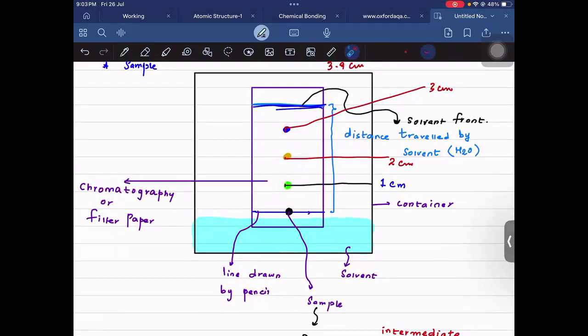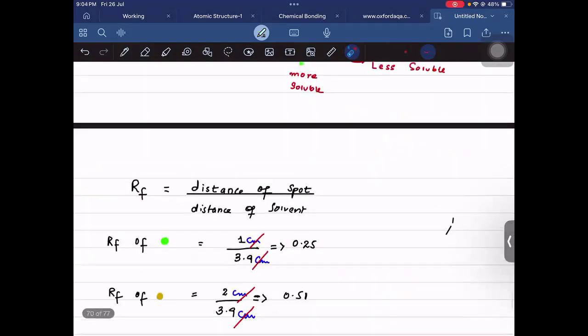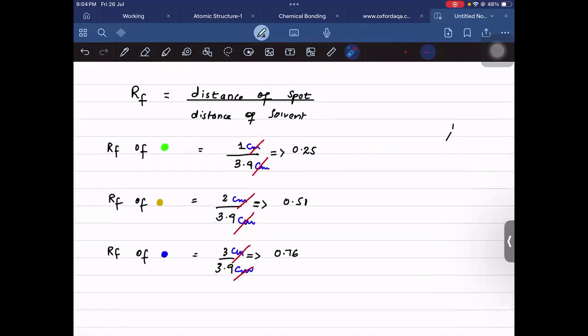Those colors which have greater solubility in a solvent will travel more compared to those substances which are less soluble in the solvent, so they would not travel as far. That's why when you measure the distance with a ruler and find the RF value, the RF value tells you how much distance the sample has covered.